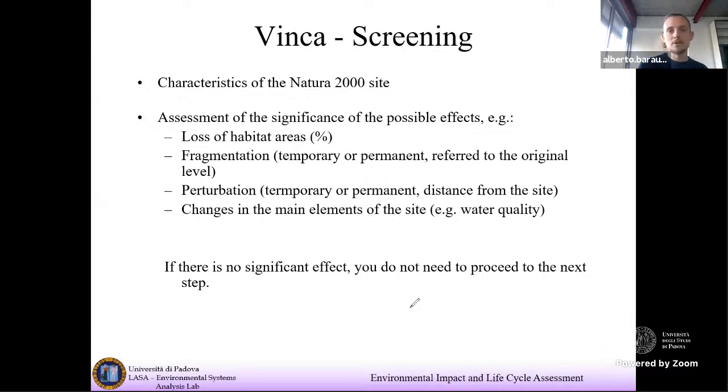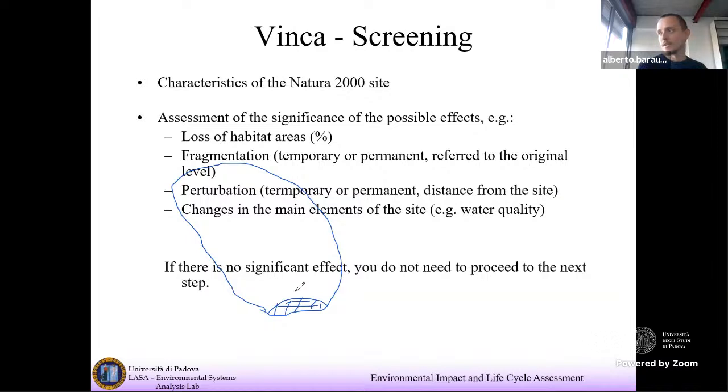Okay, let's suppose you have a forest like this. And let's suppose you lose this area here. I don't know, 10%, 5%. And based on your analysis, you decide that losing 5% of the forest is not a big deal, okay?